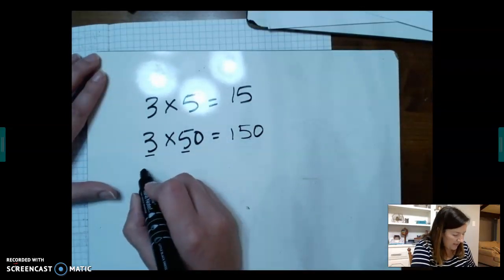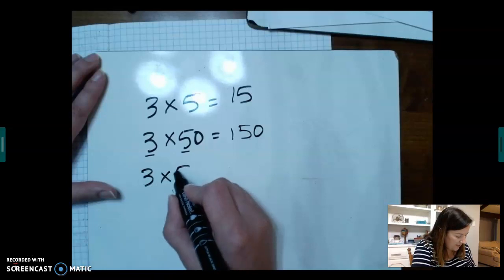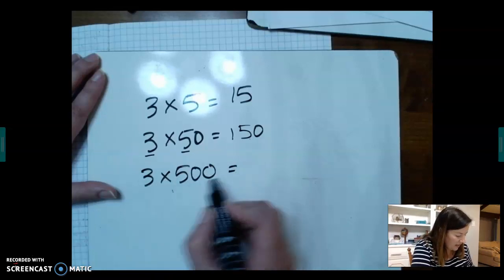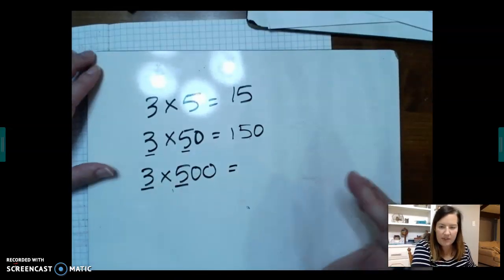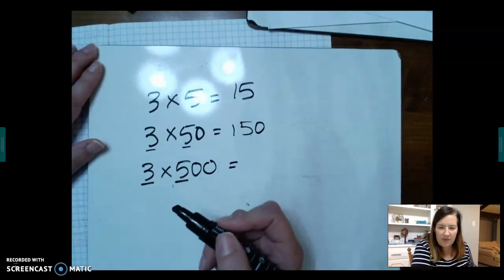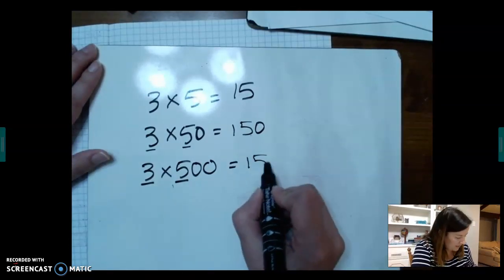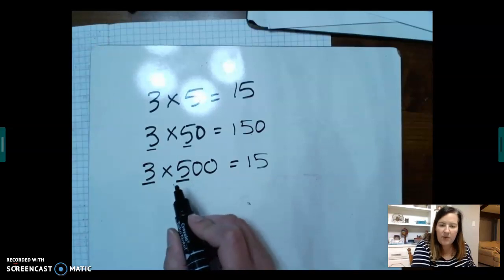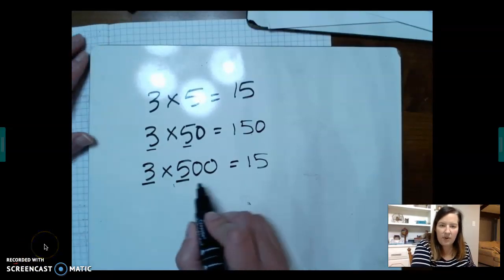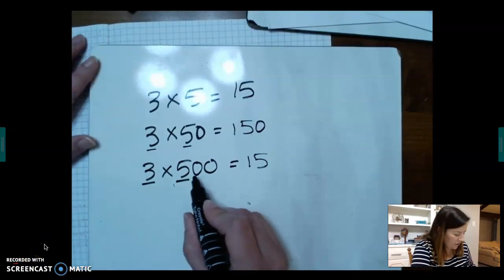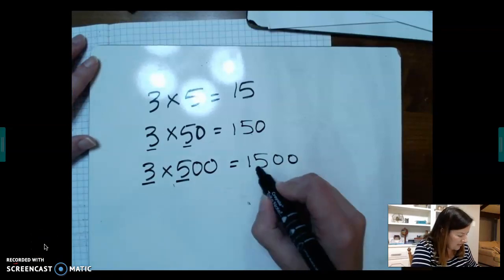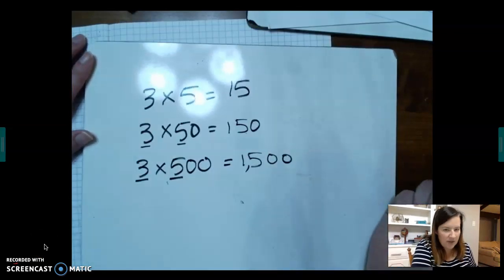Now, same thing as if I had 3, let's say, times 500. I'm just going to focus on the digits. Ignore all zeros. So 3 times 5 is 15. Now, how many zeros do I have? For all of them I have 2, so I need to add 2 zeros here. So 3 times 500 is 1,500.